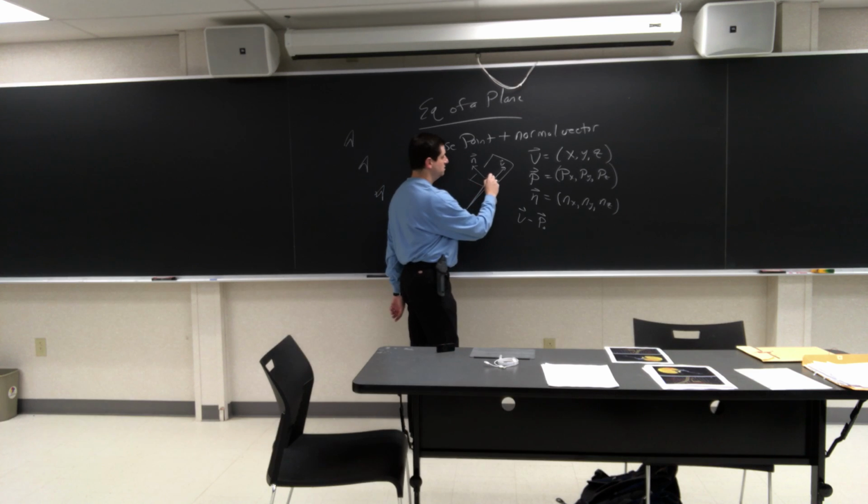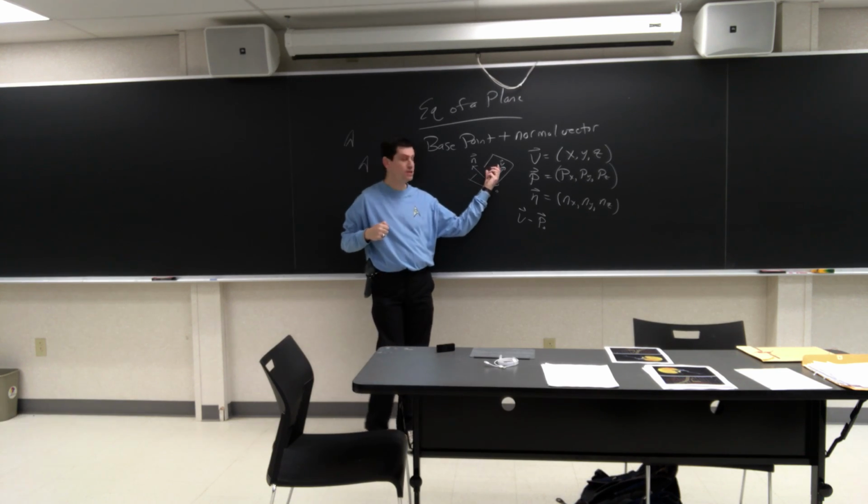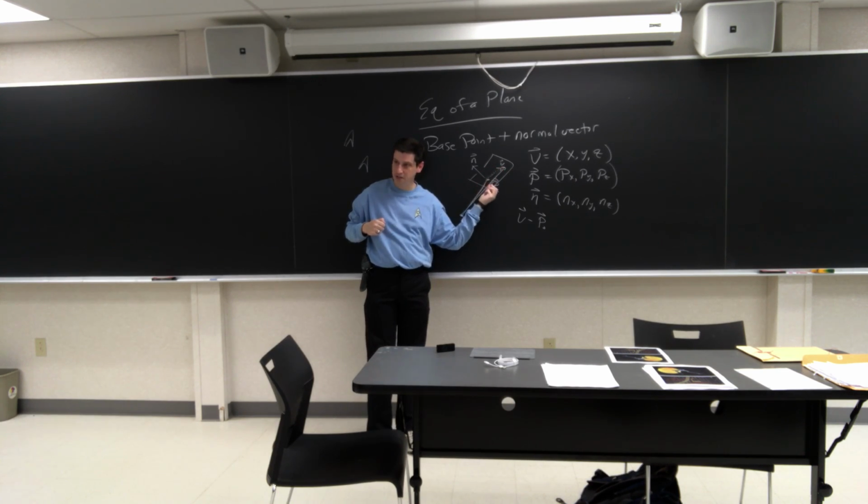And that will give me this vector here. And what do we know about v minus P0? What should be true about v minus P0? If v is supposed to be in the plane containing P0 and perpendicular to the normal, what should be true about this vector?